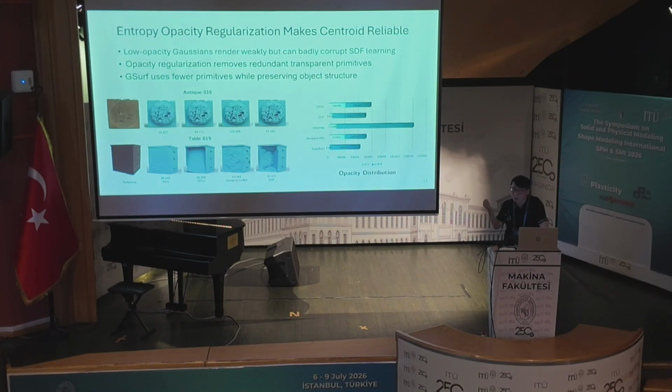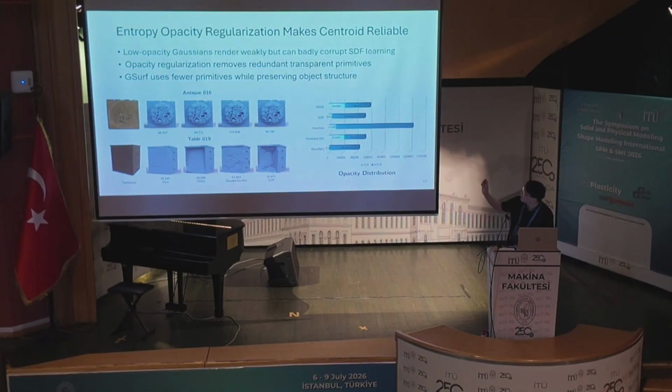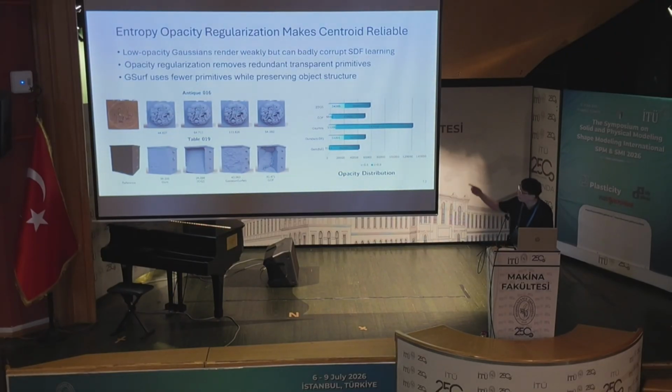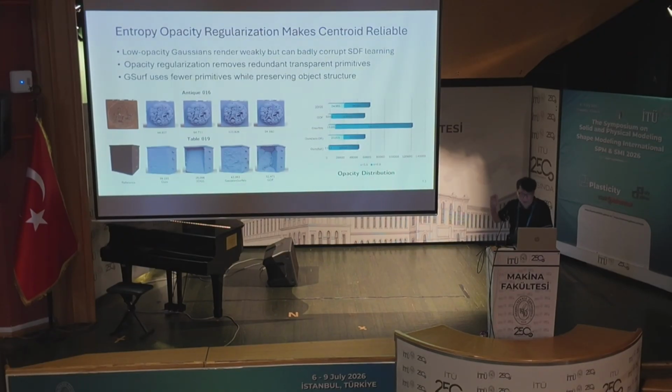So this ratio is extremely small. If you check the baselines, for example 2D Gaussian splatting, the number of transparent Gaussians is significant: 24,000 compared to the remaining 36,000. And our ablation study also justifies the effectiveness of this regularization.